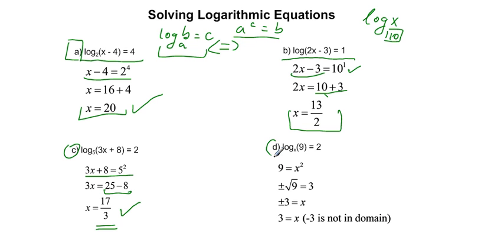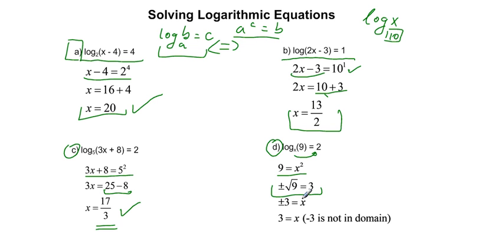Part D, you have log to base x. Now, the base became a variable. Of 9 is equal to 2. So x to exponent 2 must be equal to 9. Find x by square rooting both sides.